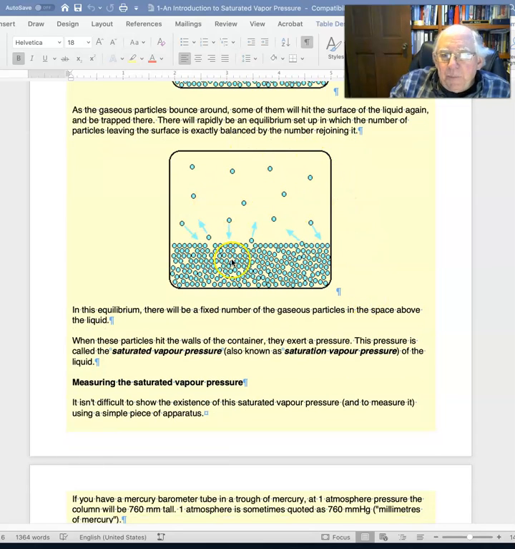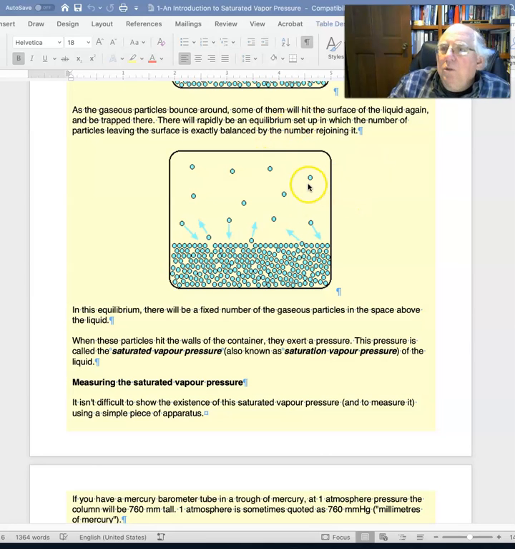In this particular scenario, at the temperature that this solution is at, there is a measurable pressure which corresponds to the energy of the vapor phase molecules above the surface.